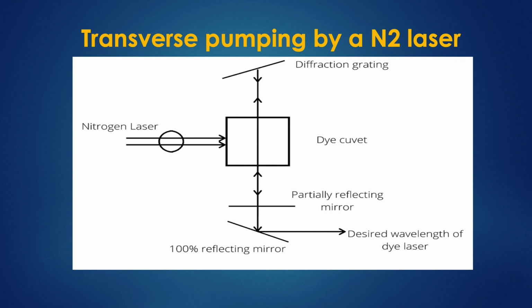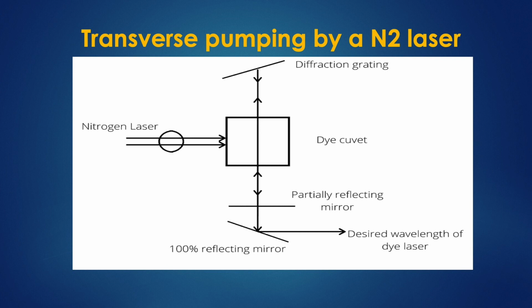For example, in a coumarin dye, you will get spontaneous emission and amplified spontaneous emission both around 450 nanometers with a bandwidth of 10 nanometers. Among the 10 nanometers, the grating will choose only 1 nanometer, that will be 450 nanometer, not 451, not 452.